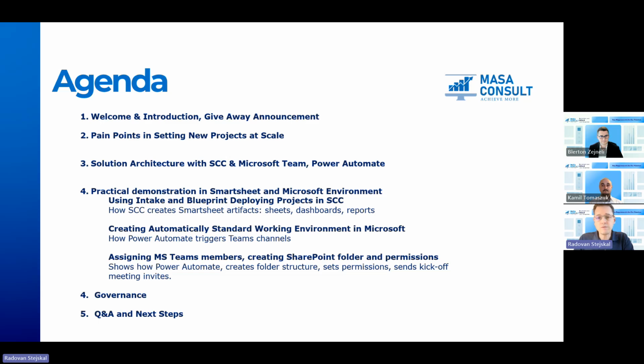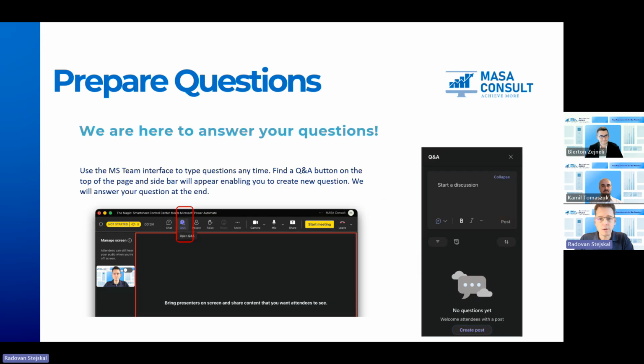We'll close with a brief section on governance, how to ensure consistency, quality, and visibility across dozens or even hundreds of projects. And finally, we'll wrap up with Q&A and next steps, plus share a few resources to help you get started with Power Automate after the webinar.